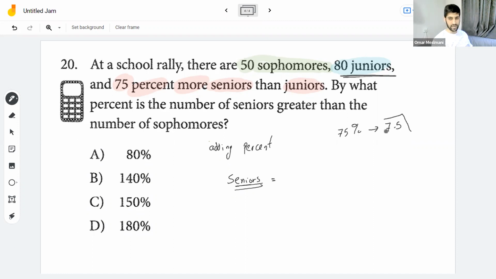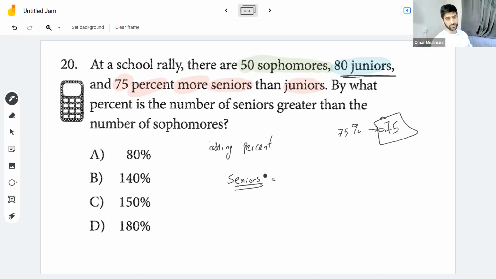And I don't know if you remember, I told you that when you are adding a percent, you say it's going to be 1 plus 0.75. So as a decimal, it's 0.75.